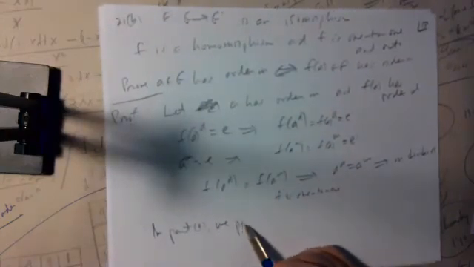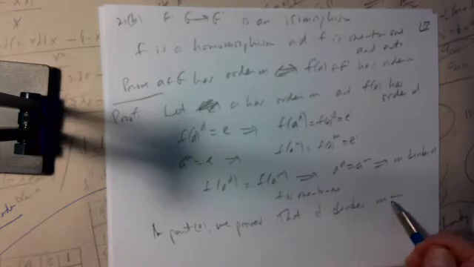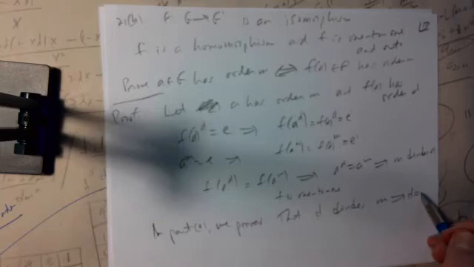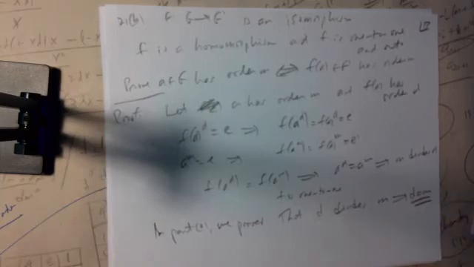In part A, we proved that d divides m. So if m divides d and d divides m, d equals m.